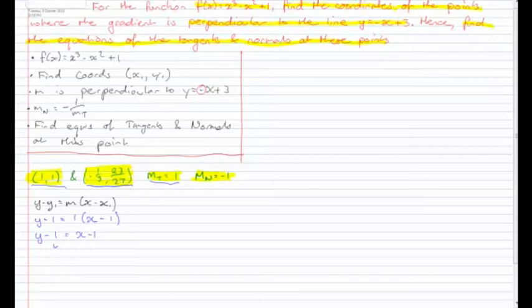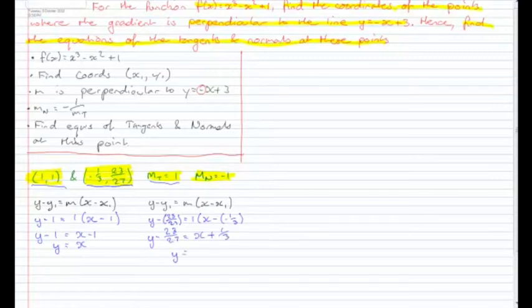Rearrange, so you end up getting y is equal to x. For the second point, you get y minus y1 is equal to m bracket x minus x1. Okay, so finding the equation of the tangent once again, we're substituting in the other point now. You get y minus y1 being 23 over 27 is equal to m being 1, x minus x1 being -1/3. So you get y minus 23 over 27 is equal to x plus 1/3.